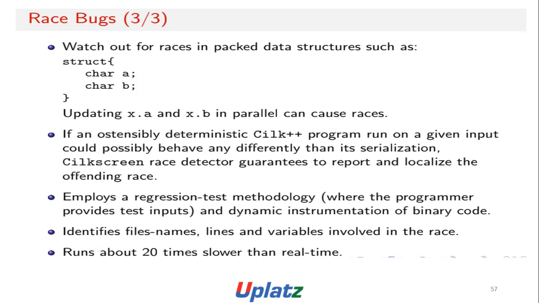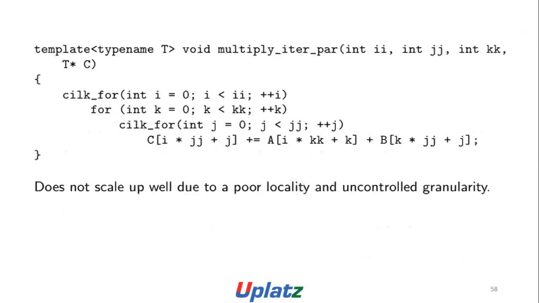It employs a regression test methodology where the programmer provides the test input, and dynamic instrumentation of binary code identifies file names, lines, and variables involved in the races. It runs about 20 times slower than real time.